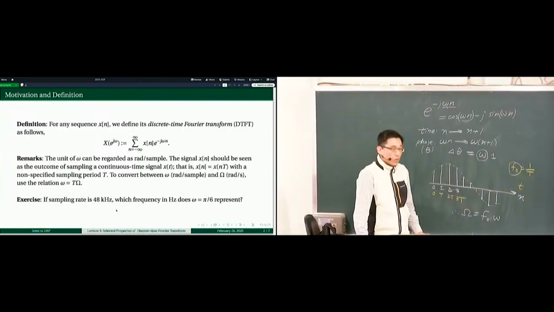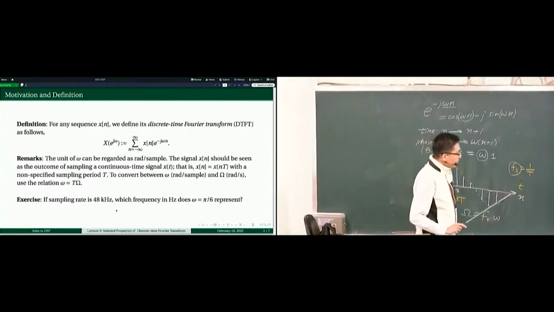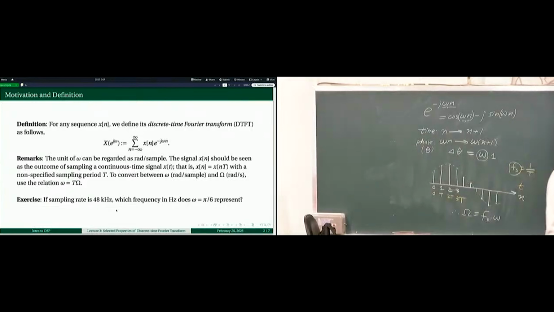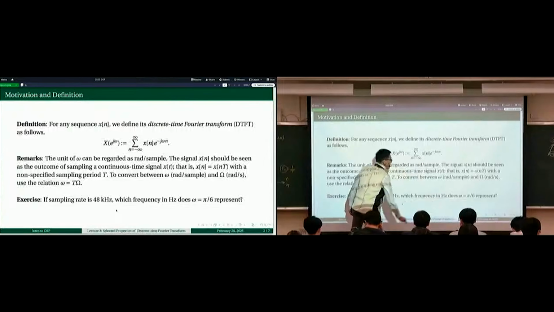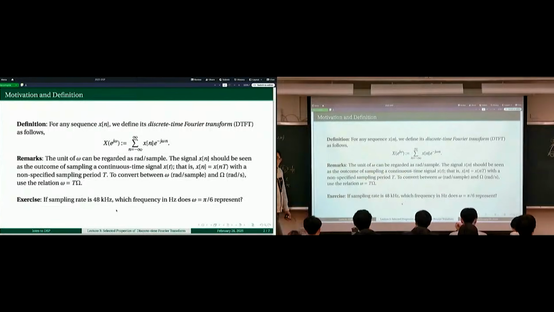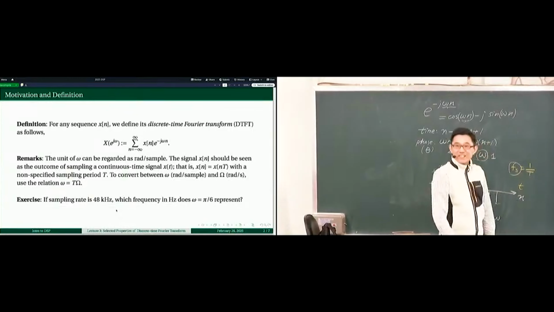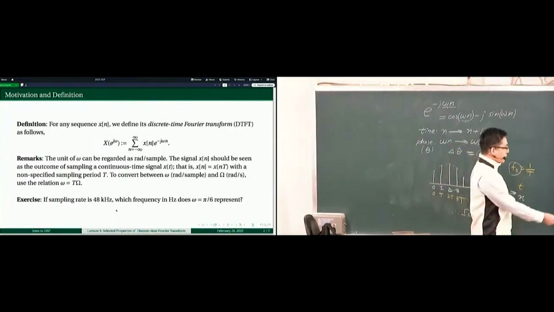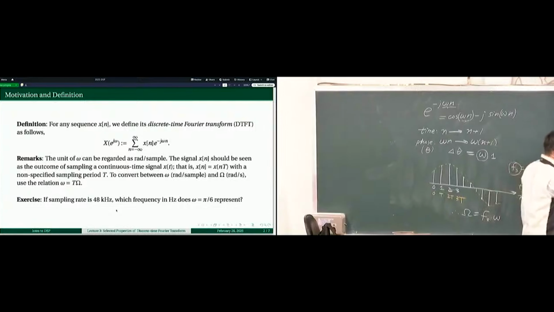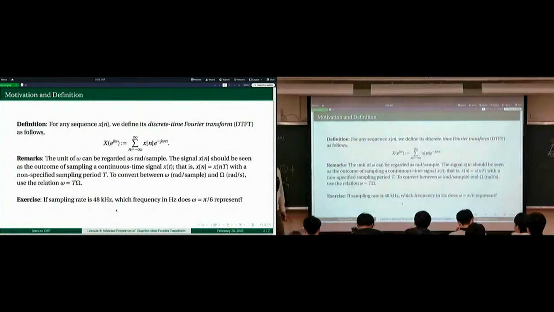Yeah, this is a bit quick, but let's do an exercise. Okay, let's do an exercise. What does omega equals pi divided by 6 represent? So then what should we ask in response? Show me your sampling rate. Okay. All right, so then I say, okay, my sampling rate is 48 kilohertz.